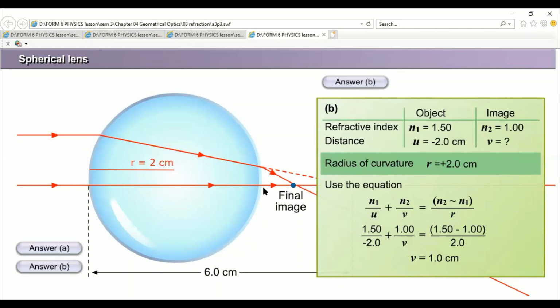So v is 1 cm, that means that from here to here it will be 1 cm. So the final image is 1 cm from the other side of the curved surface.